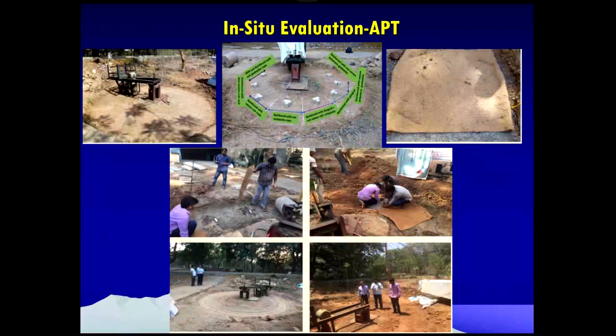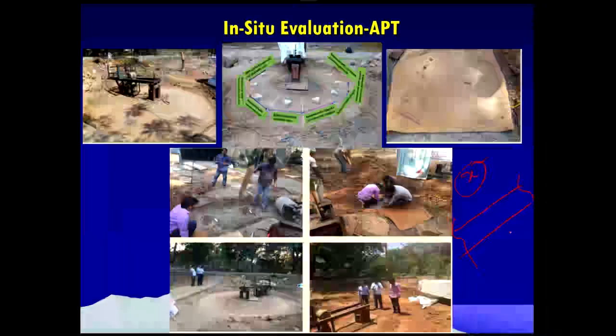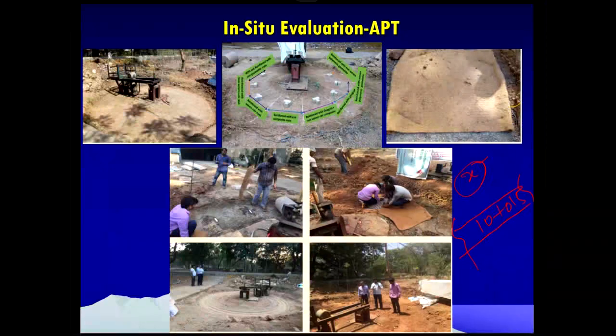If I want to test some X technology, I contact you, and we construct a road today using that X technology. I have to wait 10 to 15 years to see how this technology is performing, what the rut depths are, or what the performance of these pavements is, which is quite not recommended.